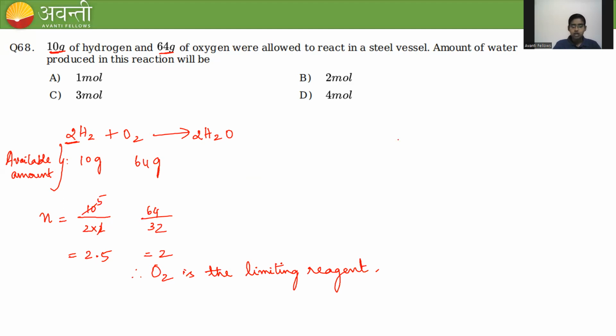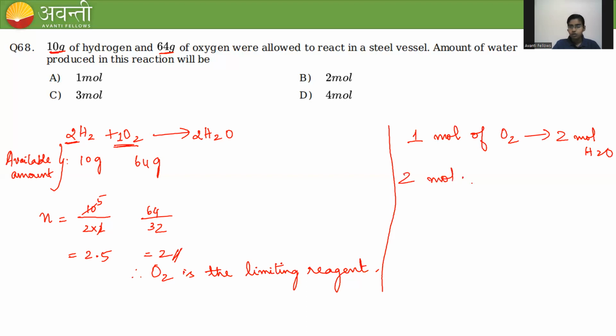Okay. So now in the reaction, if you see, 1 mole of oxygen is producing 2 moles of water. Now the number of moles of oxygen is 2 for the available amount. So now the 2 moles of oxygen will give 2 into 2 moles of water.